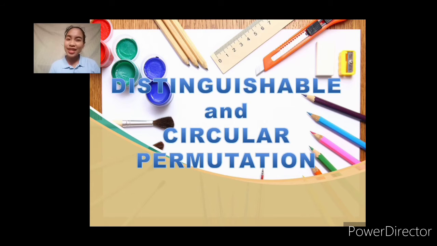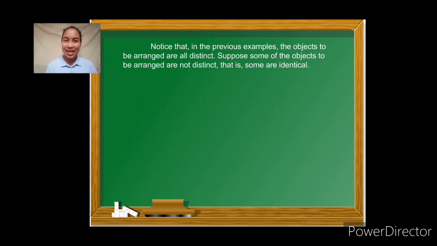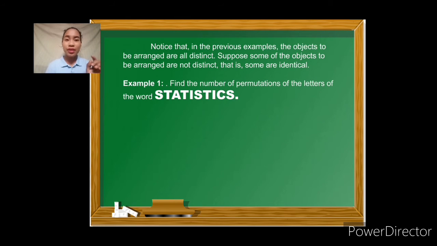Okay, so let's go now to distinguishable and circular permutation. Notice that in the previous examples, the objects to be arranged are all distinct. Suppose some of the objects to be arranged are not distinct, that some are identical. So, let's consider this example.